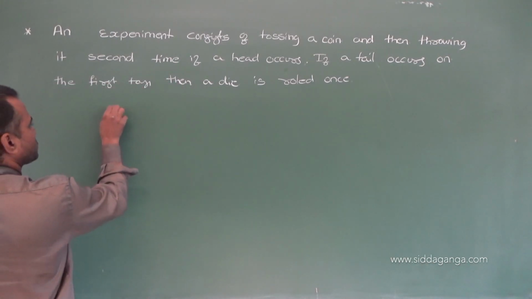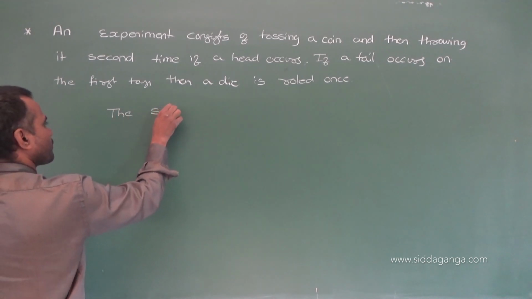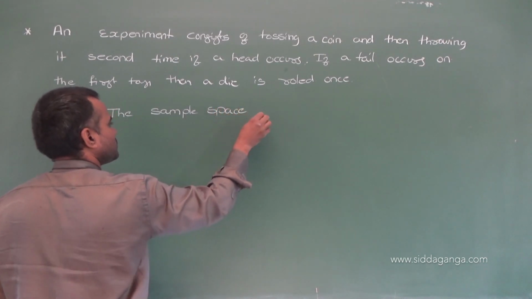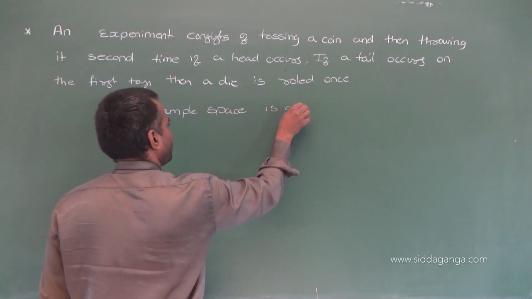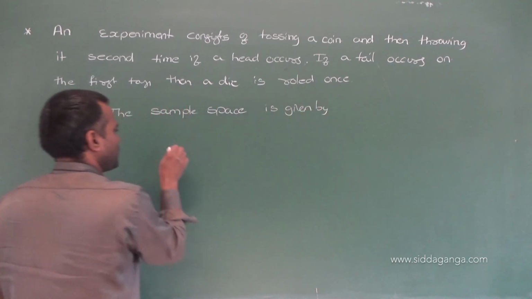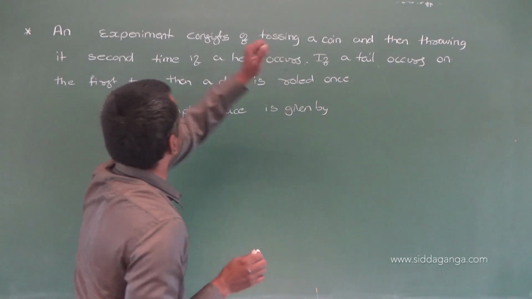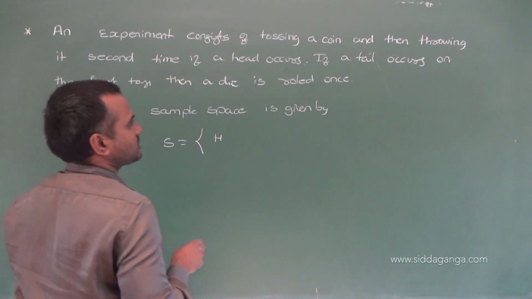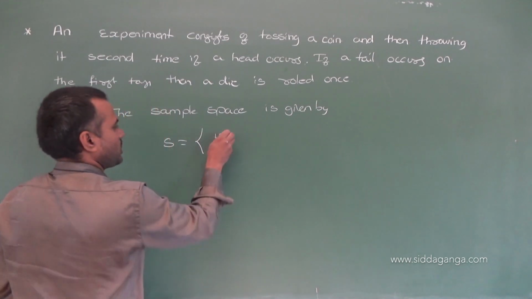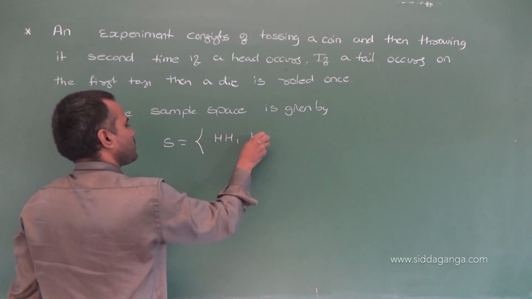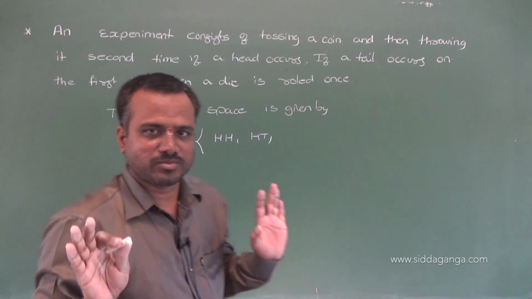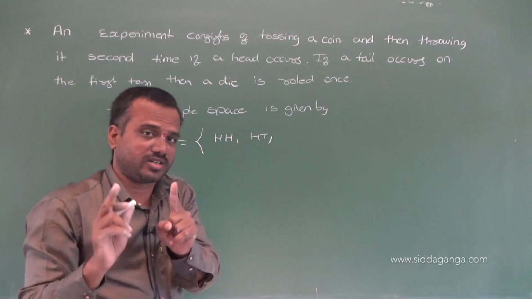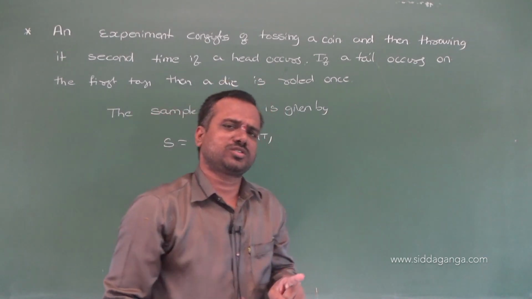the sample space is given by, you know very well, simply observe here. If I toss a coin and a head occurs, once again we toss the coin.